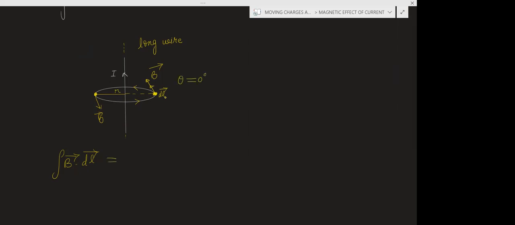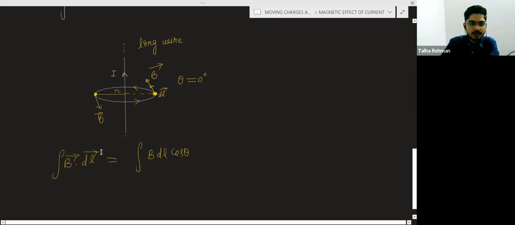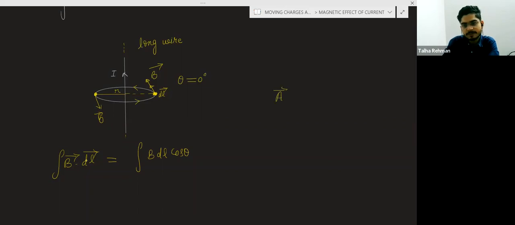Now we will open this. This will become B dl cos theta. This is the dot product of the magnetic field and dl. The dot product of two vectors is given by A into B cos theta, where theta is the angle between the two vectors.